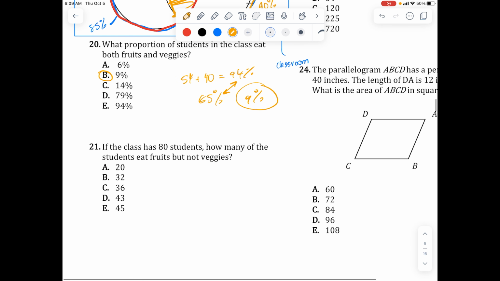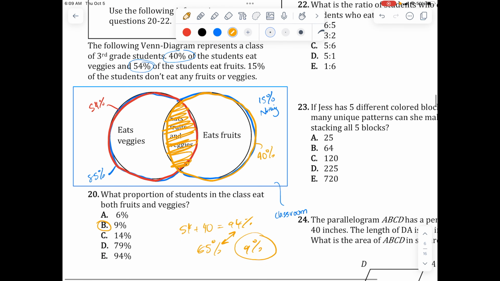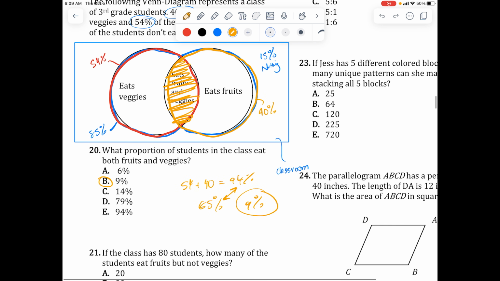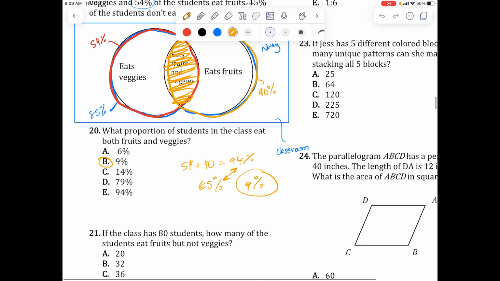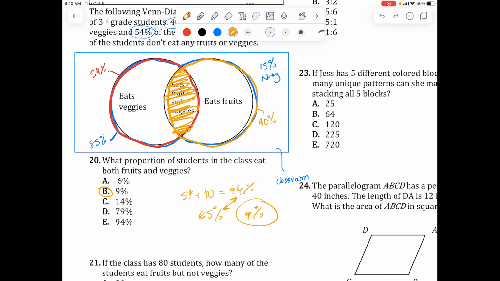If a class has 80 students, how many of the students eat fruits but not veggies? All right, so in a way, this is building off of this problem, but not really. So we know that 40% eat fruits, or they eat fruits and veggies, right? Let's just get rid of all this.